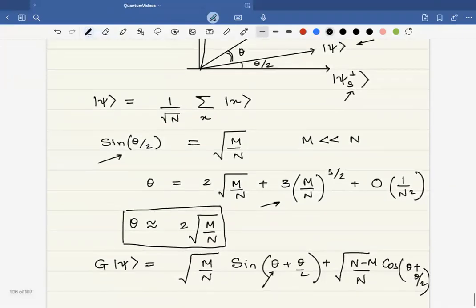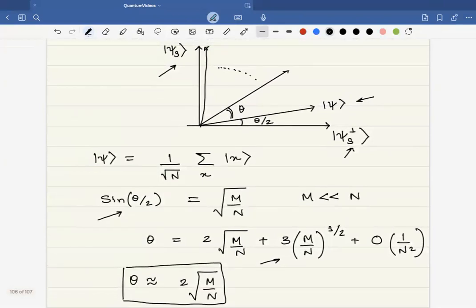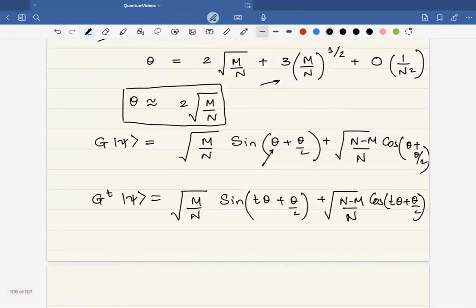And if I take t to be the final number of rotations, then this equation should hold. t times each rotation is by 2 times square root of m over n.